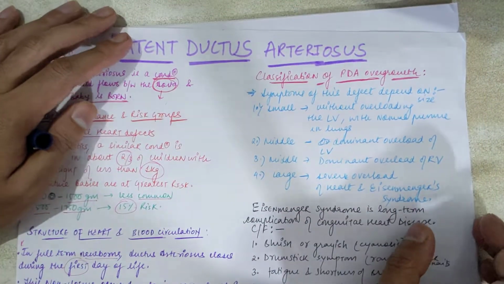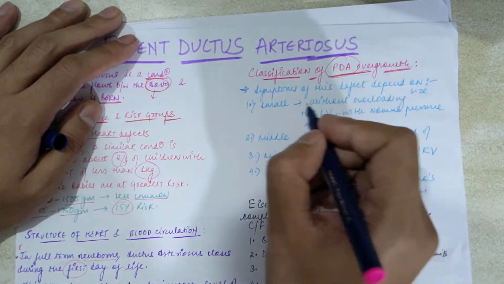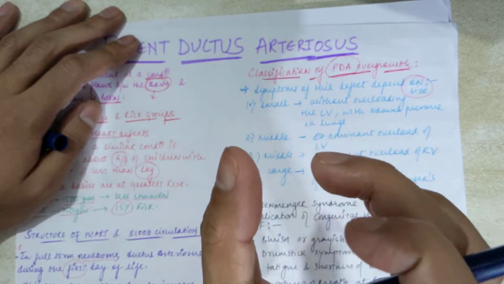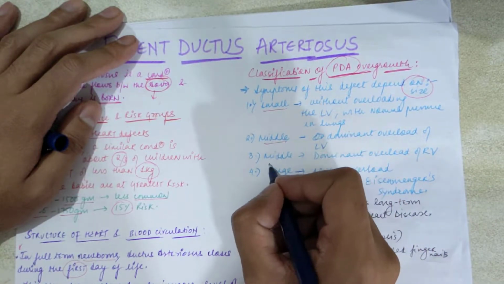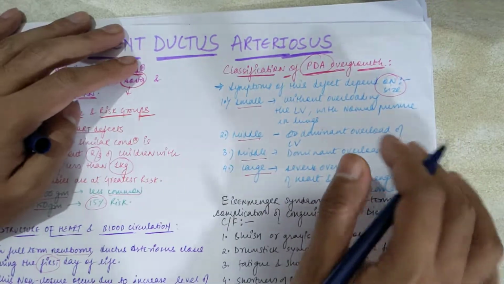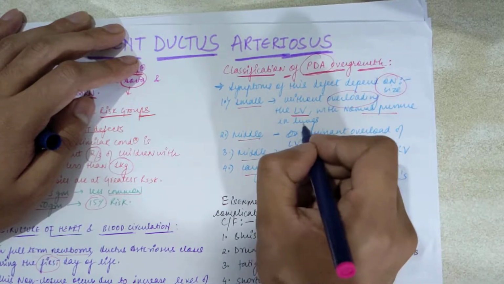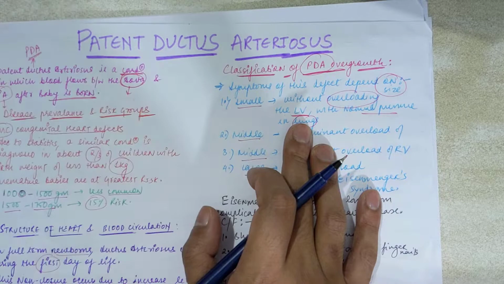Now, the effect of patent ductus arteriosus depends on the size, meaning the diameter of the opening of the connection, which can be small, middle or large. In small size there can be overloading of the left ventricle with normal pressure in the lungs, so the lungs are normal due to the small opening.